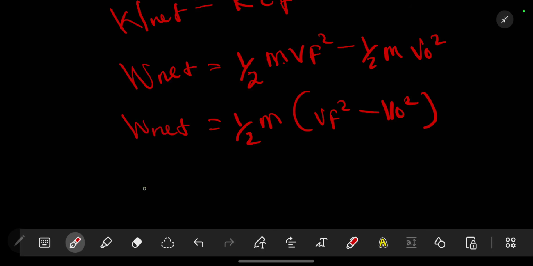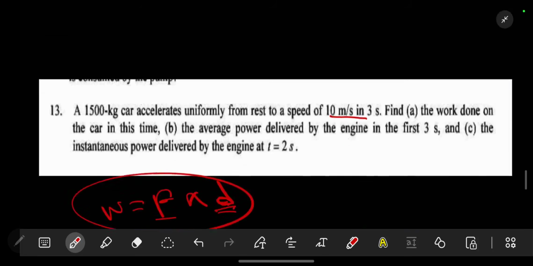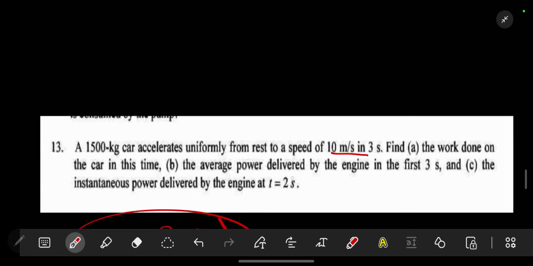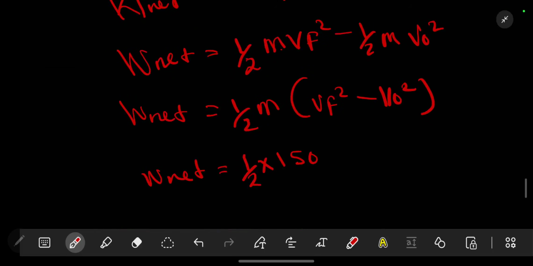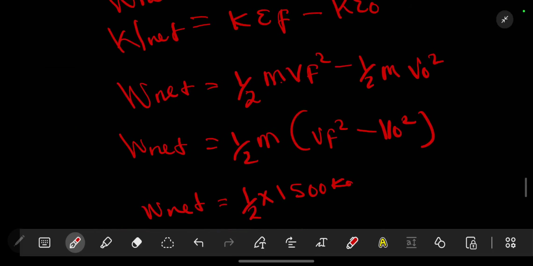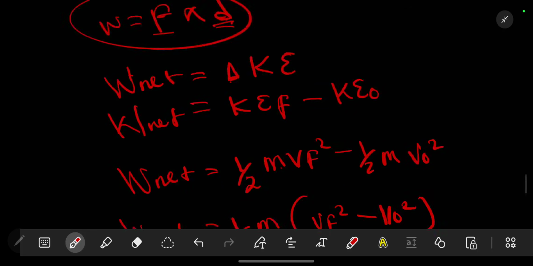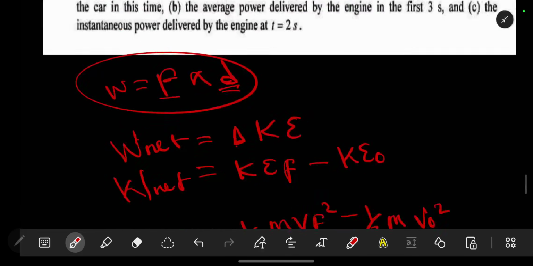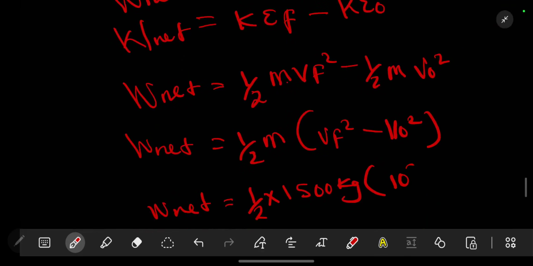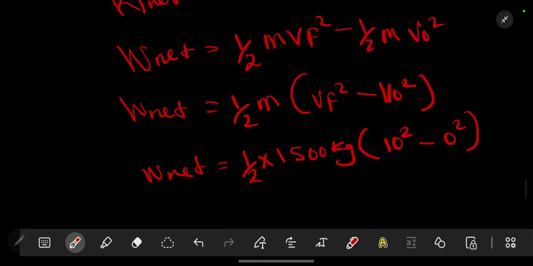So the net work done is equal to half, times our mass, which is 1500 kg, times our final velocity. It starts from rest to a speed of this, so we say 10 squared minus our initial, which is 0 squared since it started at rest.